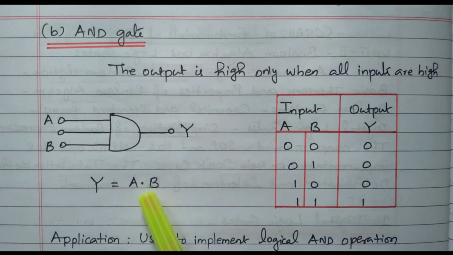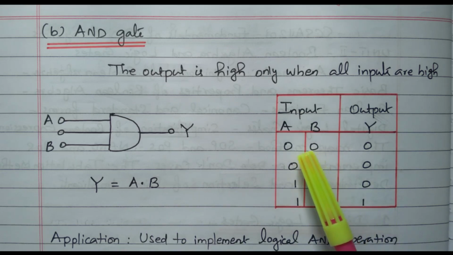It is nothing but 0 into 0, A is 0 and B is also 0. 0 1, A is 0 and B is 1, that is 0 into 1. For that case also we got 0 output. 1 0, A is 1 and B is 0, 1 into 0 also gives 0. If A is 1 and B is 1, both are high, we will get the high output. 1 into 1 will be 1, right?